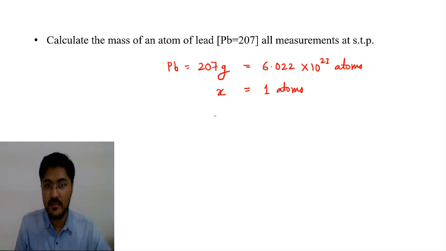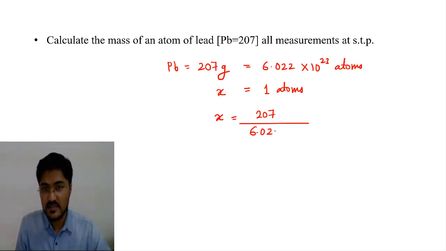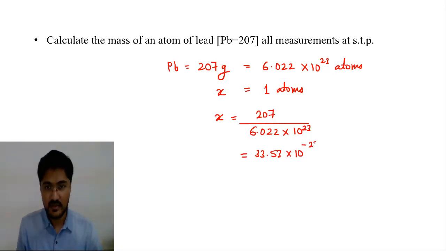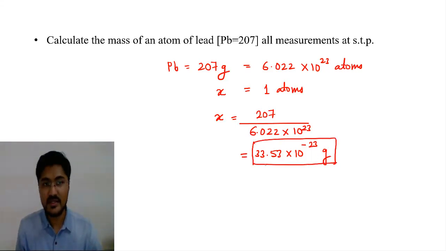So X will be 207 divided by 6.022 × 10^23, which comes down to 33.53 × 10^-23 grams. And this will be your final answer for this question. Let's see the next question.